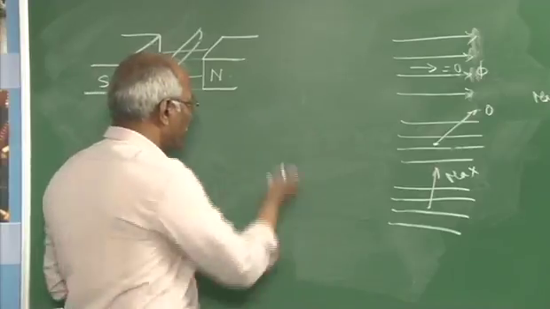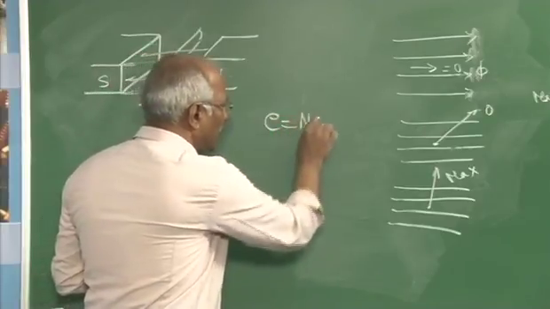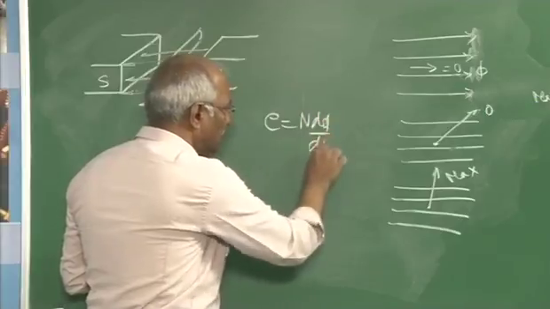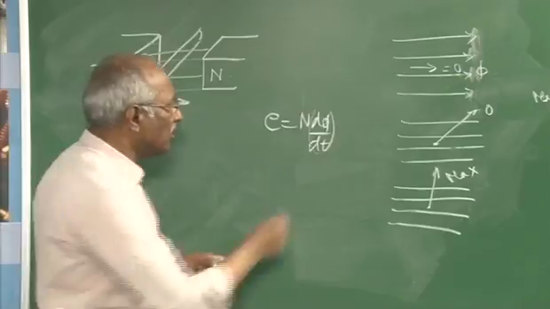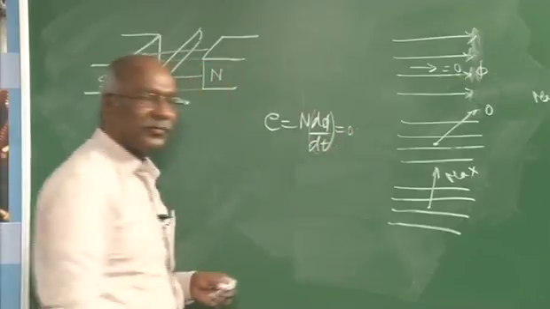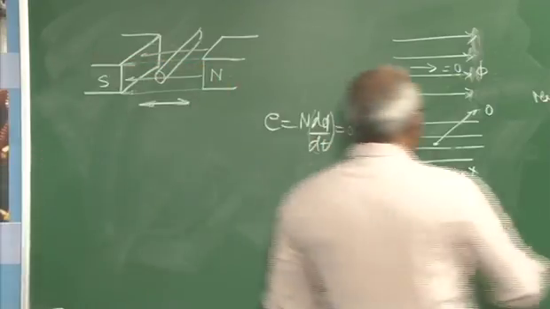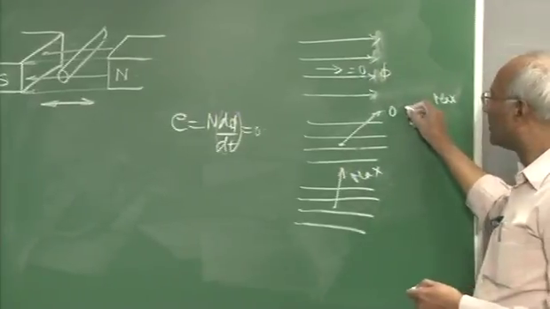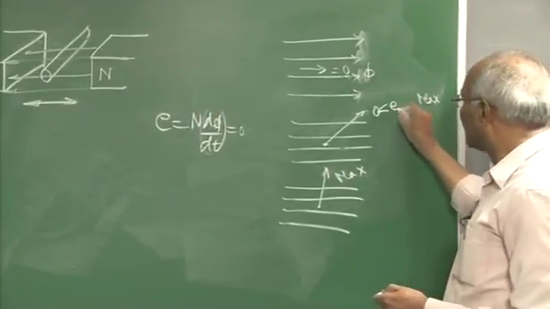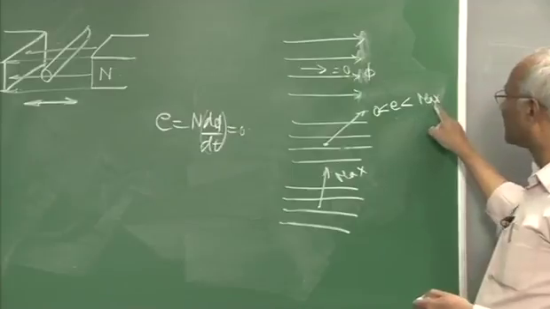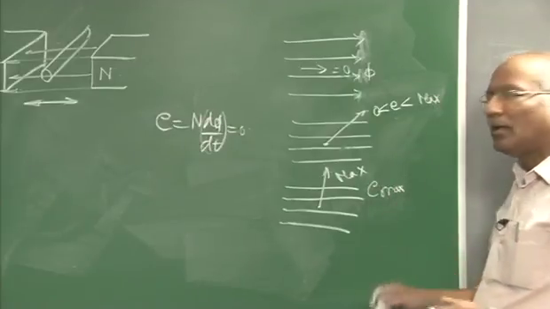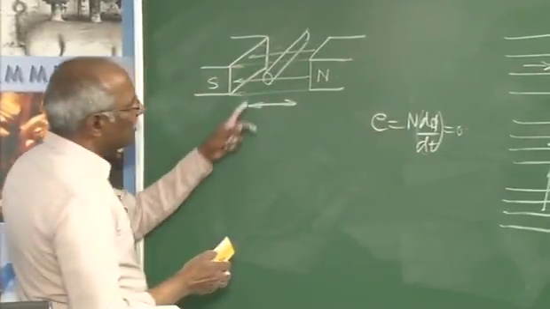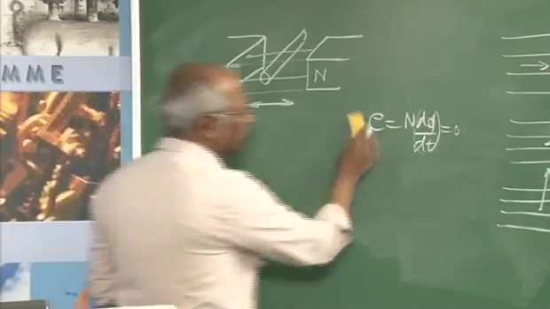Therefore, when E is equal to N d phi by dt, when the change in flux linkage is 0, the induced EMF is also 0. Here it is maximum. In that respect, the induced EMF is more than 0 but less than the maximum value, while here it is maximum. So here there is no flux linkage, therefore the induced EMF is 0 here.